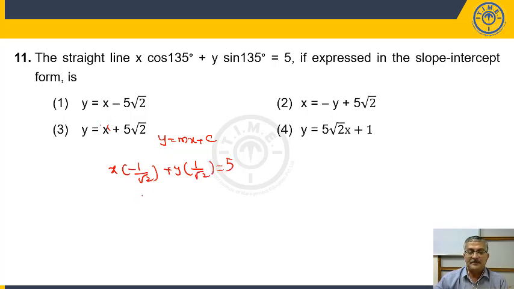That means minus x plus y is equal to 5 root 2. We should always keep it in the form y is equal to mx plus c. So y is equal to x plus 5 root 2. We take x to this side. So the equation in slope intercept form is y is equal to x plus 5 root 2. Okay.